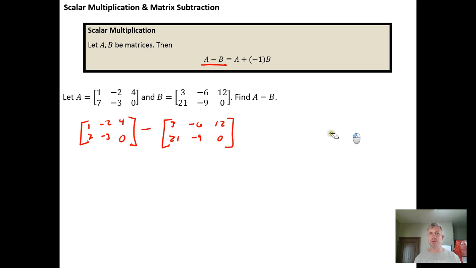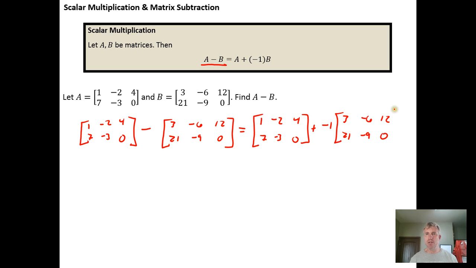We could actually just rewrite that subtraction in terms of an addition, which is nice because that really identifies that you only need to formally define addition. You don't need to formally define matrix subtraction. So we could rewrite this as plus the scalar -1 times the matrix 3, -6, 12, 21, -9, 0.